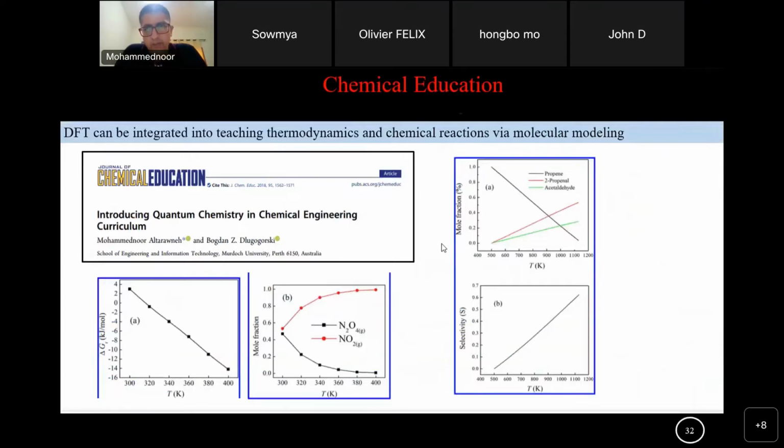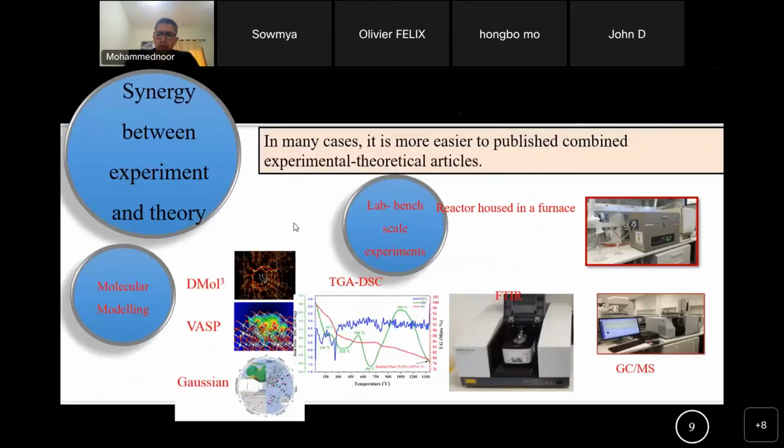Also, we have published a paper on where DFT can be introduced into the chemical engineering curriculum. So we integrated DFT in two courses. The first one is reaction engineering, and the second one is catalysis. We basically designed virtual labs for those. As I said before, it's very important to make a connection between the experiment and the theory.